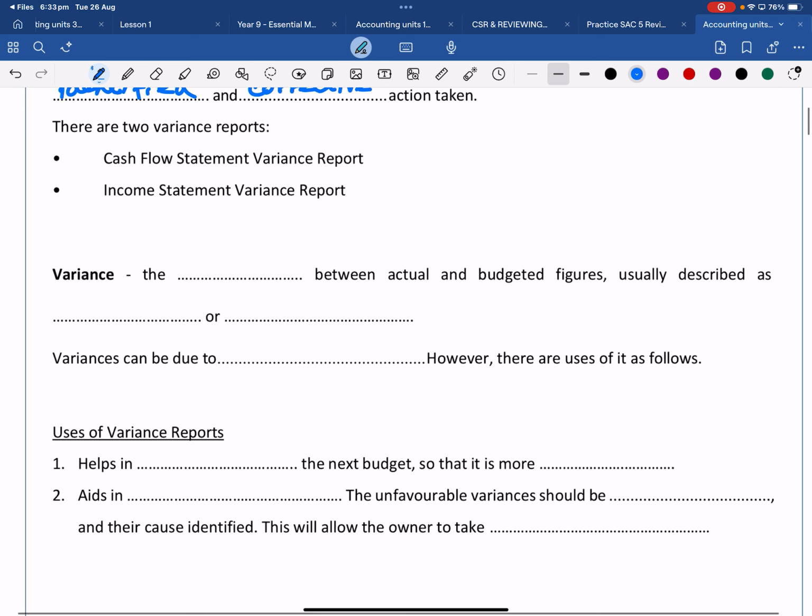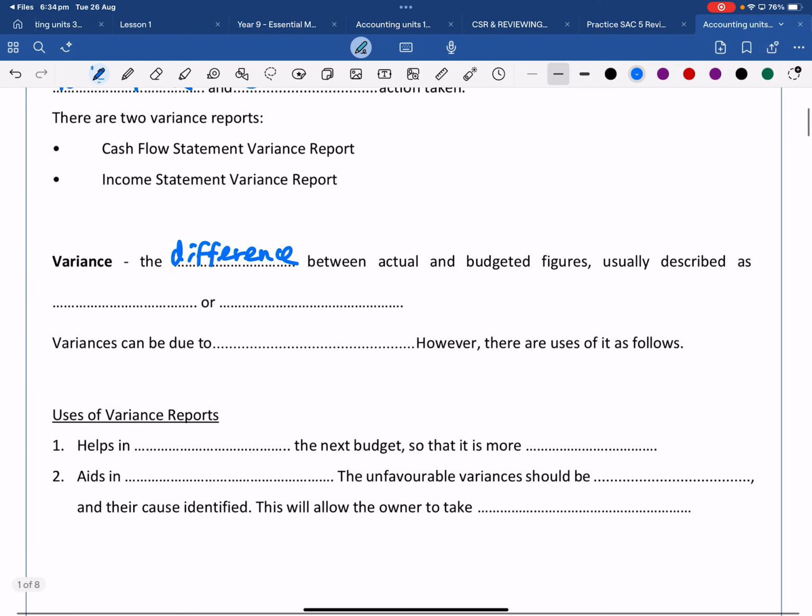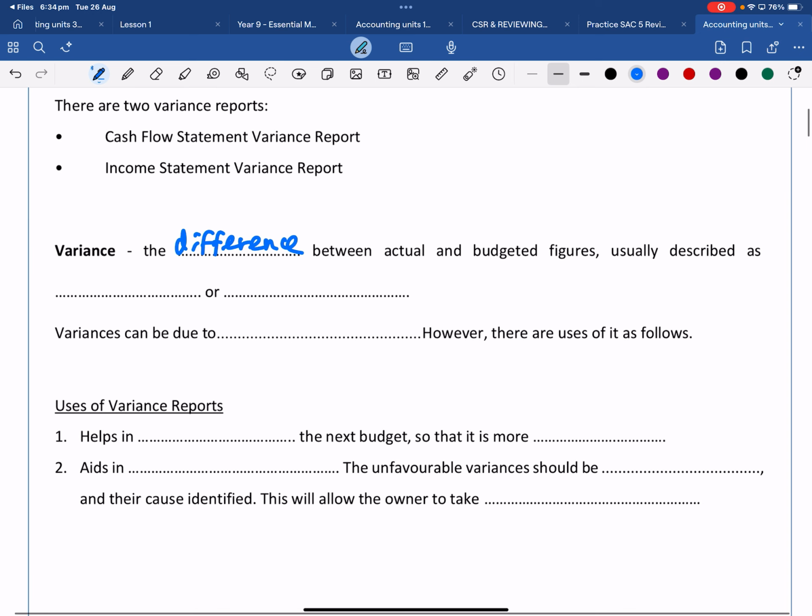The difference between actual and budgeted figures, usually described as favorable or unfavorable.